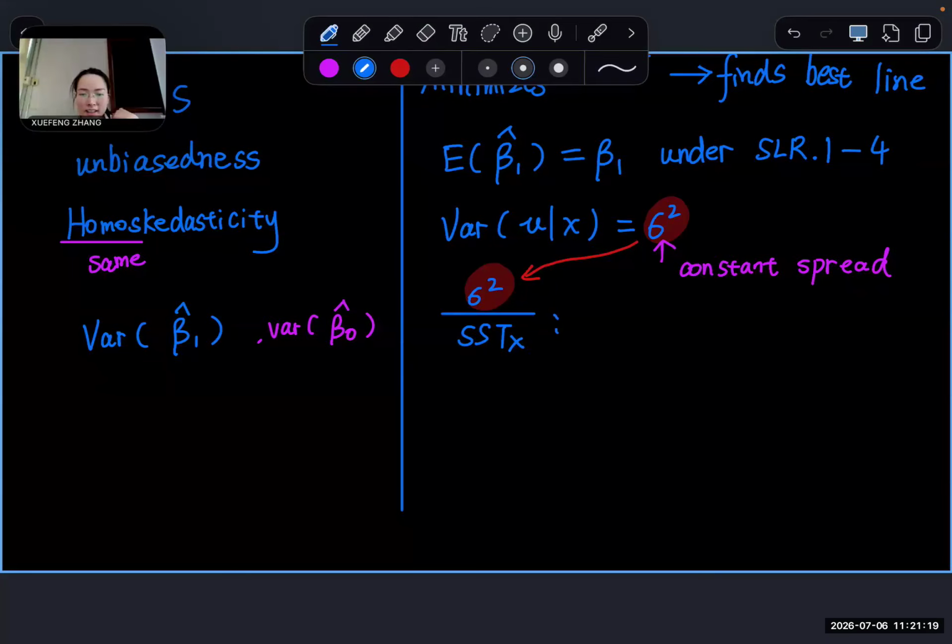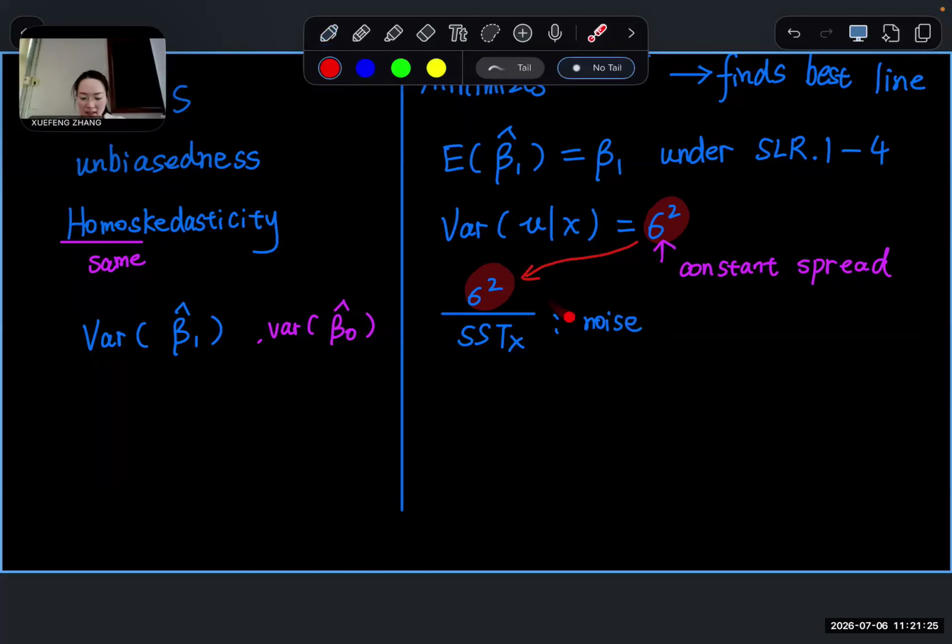If noisy goes up, noisy means the sigma square, right? Noisy means sigma square because noisy means that is the part that we can't explain. Y from mu, okay, means noise. If noisy goes up or noisy is worse, what will happen to our variance of beta 1?